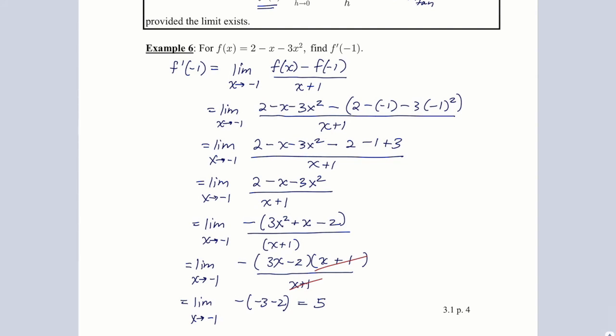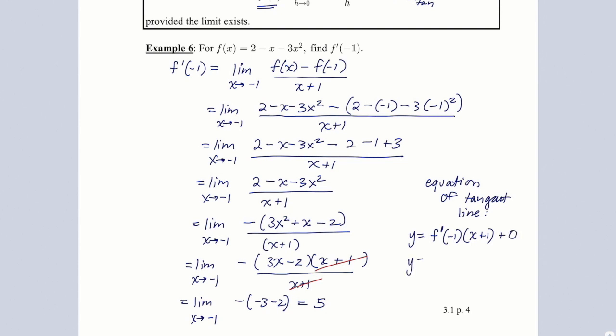And just for good measure, let's double check what the equation of the tangent line would be, even though it wasn't asked. We would put together y equals, and instead of writing m tangent, now I'm going to write the derivative, because that is the slope of the tangent line, at negative 1 times x minus a, so x plus 1, plus f of a, which we came up with as 0, it looks like.